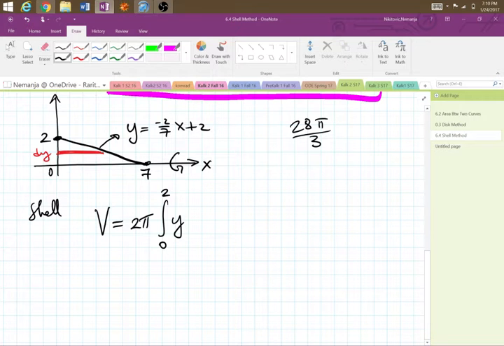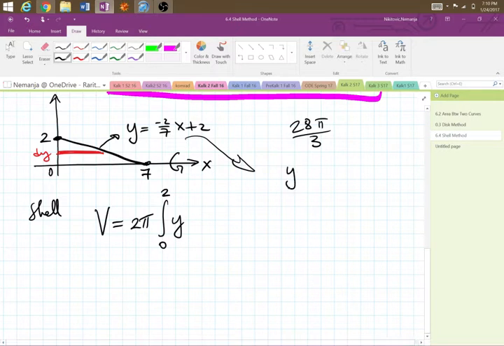And then the height of the rectangle is going to be the function, but we have to solve the function for x in terms of y, because the integral has to match. It has to have y limits, it has to have functions in terms of y, and it has dy at the end. So we have to massage this, right? Get x equals in terms of y.